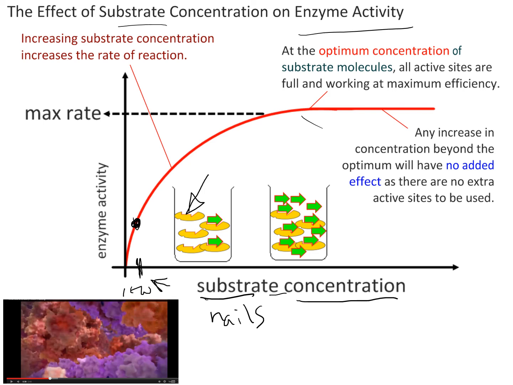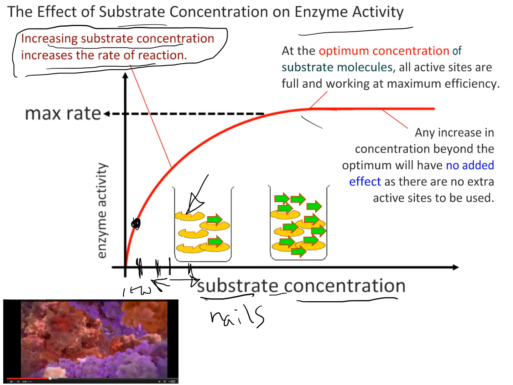So initially, as we increase the substrate concentration, here's the description: increasing the substrate concentration increases the rate of reaction. The construction workers are saying, finally, there's enough nails. I can just fill up my pockets and bang, bang, bang. And construction proceeds more and more rapidly as you add more nails, and the construction workers are not having to wait around for more nails. Same thing with the enzymes.